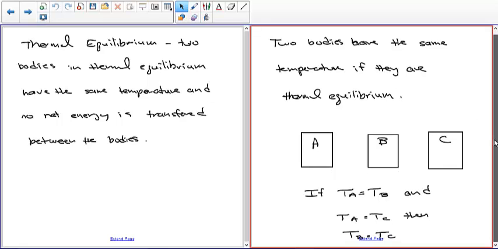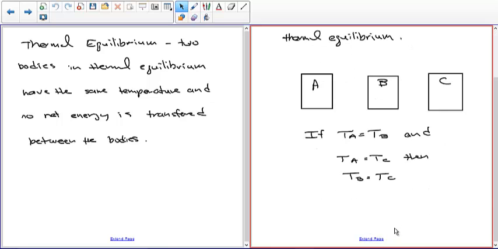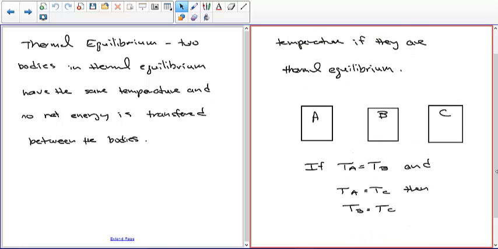And so it's kind of like the math theorem. Is it the commutative property? I always forget what it's called. Say we have three bodies here, A, B, and C. If we know that body A and body B have the same temperature, and body A and body C have the same temperature, then we can conclude that bodies A, B, and C have the same temperature.